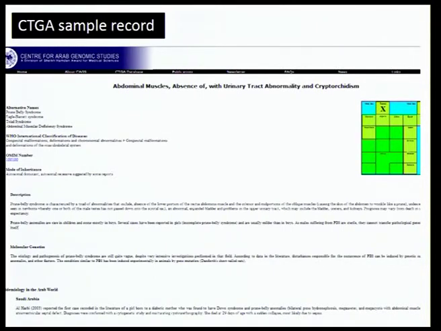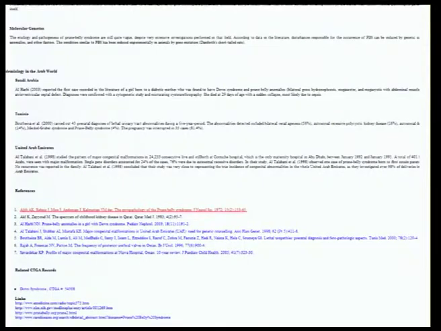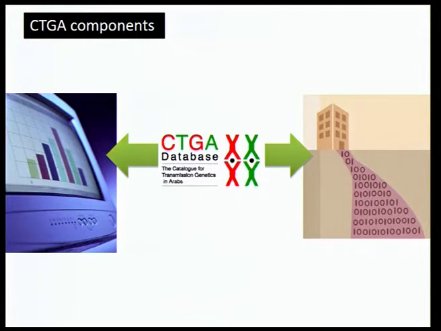Just having a very quick look at this, we can see that we tried to provide all the information needed about a certain disorder or gene, starting from description and molecular data, if available. But more importantly, we have data about research from certain countries, categorized by country, as well as references, etc. So I just wanted to give you a quick look of how the CTGA looks from the end user side.